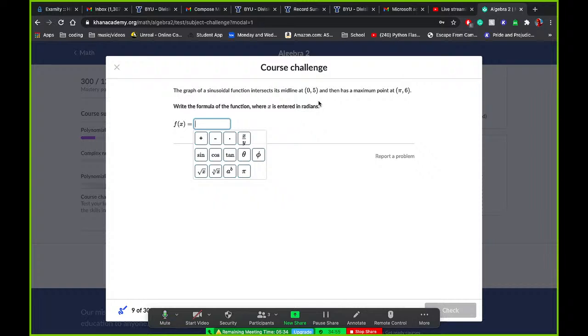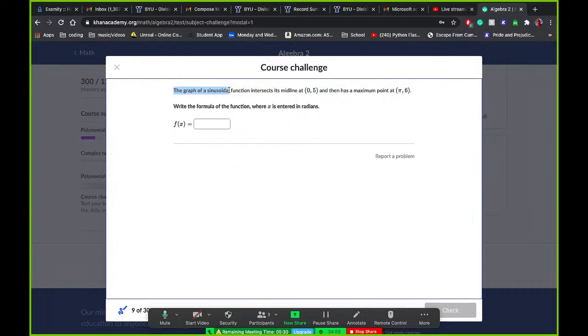Okay, so it wants this: the graph of the sinusoidal function intersects the midline at (0, 5), and then has a maximum point at (pi, 6). Okay. So the midline is obviously y is equal to 0 or something.